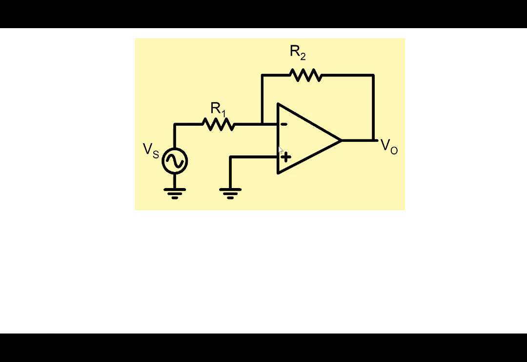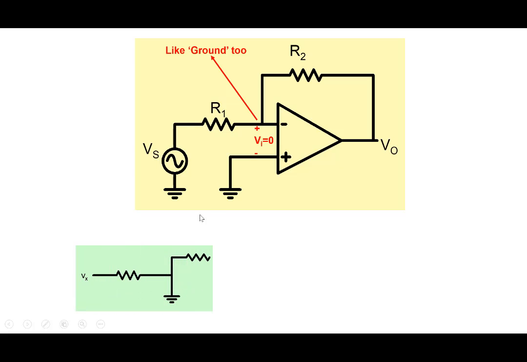So all our op-amp circuits with negative feedback will have this particular property: Vi equal to 0, like a ground, but not exactly. That's why we call it a virtual ground. Because if we had this resistor R1 like this and it was actually ground, then all the current would go into the ground. On the other hand, in our case, the current that comes in here cannot go into the op-amp.